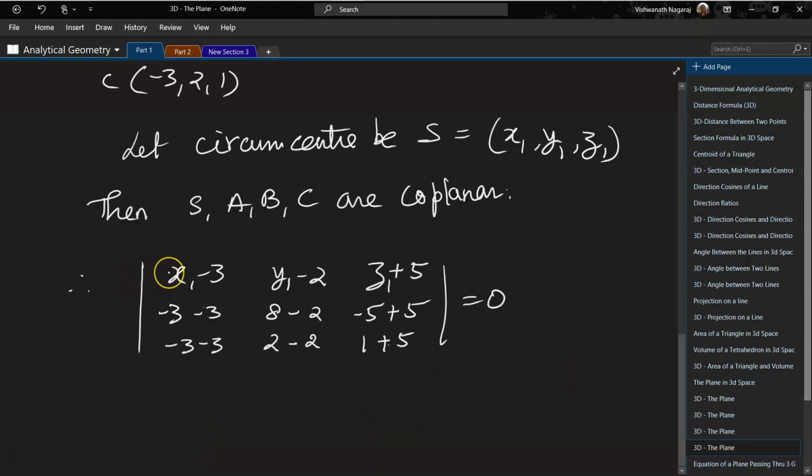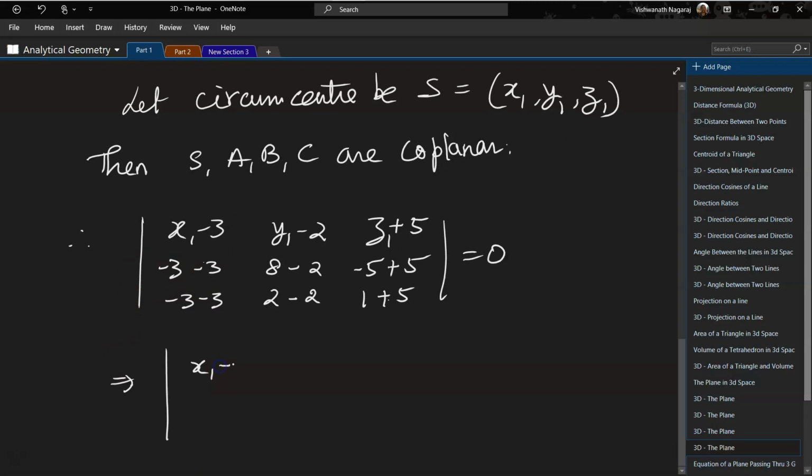This is SA, this is BA, this is CA. x1 minus 3, y1 minus 2, z1 plus 5. This becomes -6, 6, 0. This becomes -6, 0, 6, equal to 0.